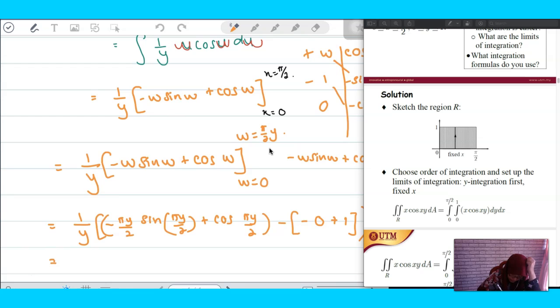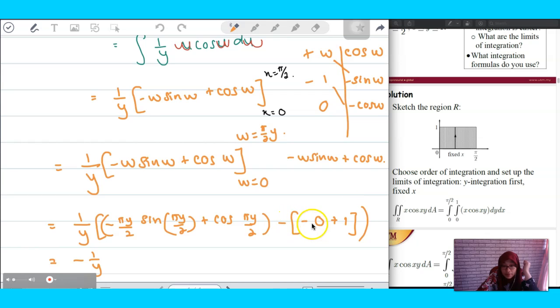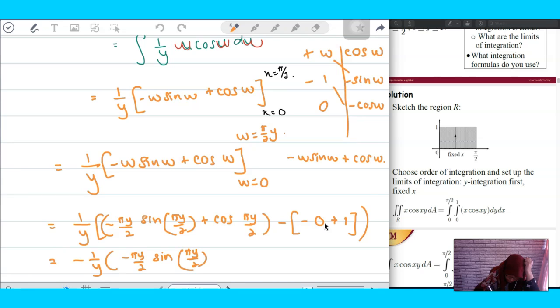Okay, so when we simplify, this part becomes minus 1. So negative pi y over 2 sine pi y over 2 plus cos of pi y over 2.